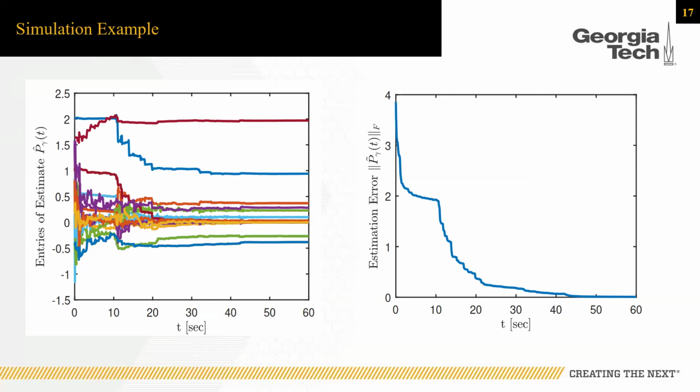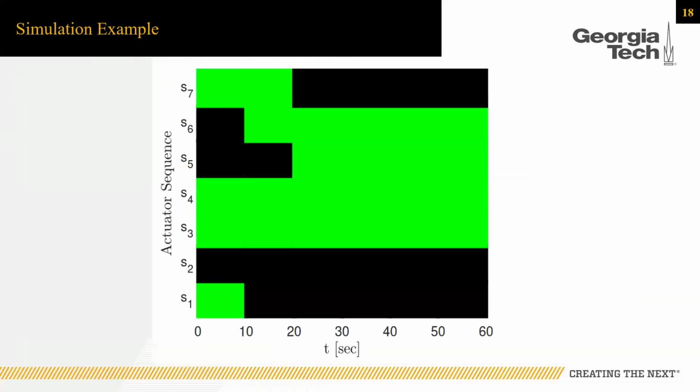Of course, everything goes to 0, so we're optimal. And here, what you see is, black is when the actuator was not picked, and green is when it's picked, okay? So here are the TJ terms, okay? So you see that I converge to 3, 4, 5, and 6, okay? I solved the problem online without A, and I converged to that one solution if I knew the model, and I can solve it offline, okay?